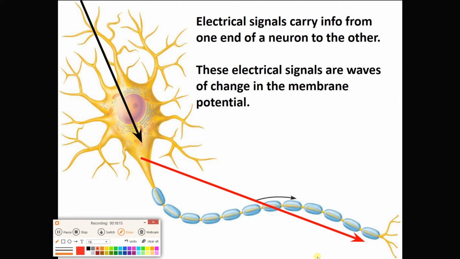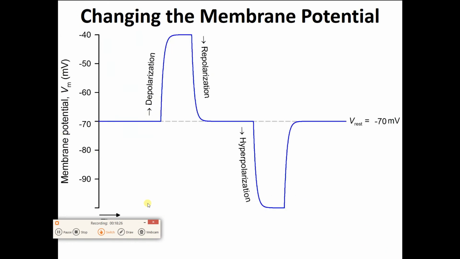Although both signals are waves of change in the membrane potential. We will see how they are similar and how they differ. Do not worry. Let's get started on that. So we've established that a neuron has a membrane potential. We've established that electrical signals in a neuron are going to be the way the neuron sends a signal.